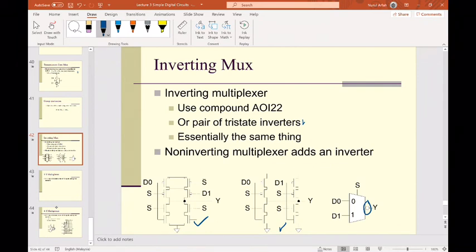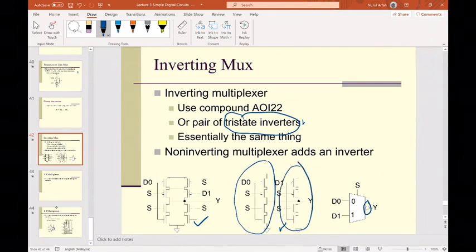If you want to put it in a tri-state inverter, we can configure it this way, tri-states in series with each other. This is tri-state number 1, and this is tri-state number 2. Essentially they are the same. And then this is the symbol for the multiplexer. A non-inverting multiplexer adds an inverter.